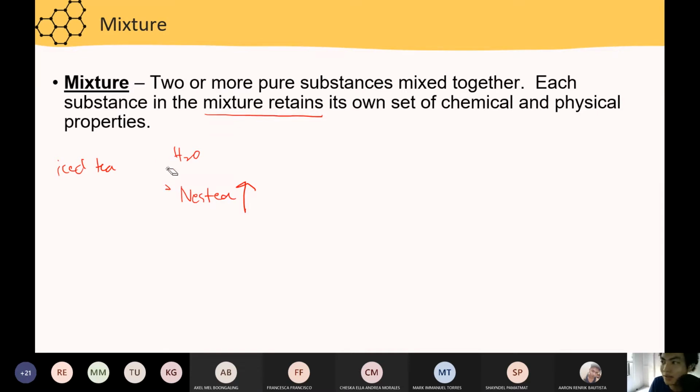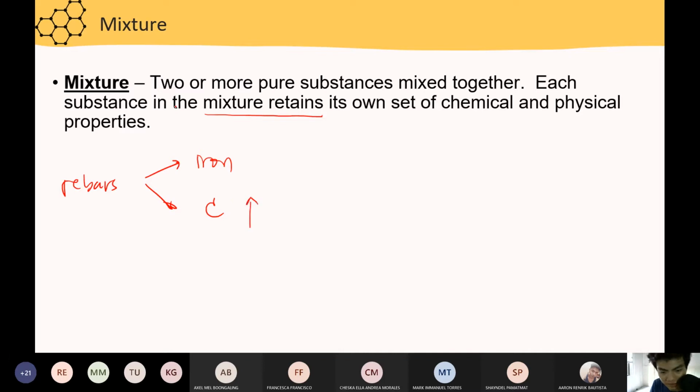Here are some more examples. The rebars I mentioned earlier are made of iron and carbon. Iron is very strong, and carbon is very soft and breaks easily. That's why our pencil sometimes breaks easily. By combining the properties of the two, we can have a flexible but strong metal. But if you add too much carbon, it will be so flexible that it cannot hold the weight of the building.